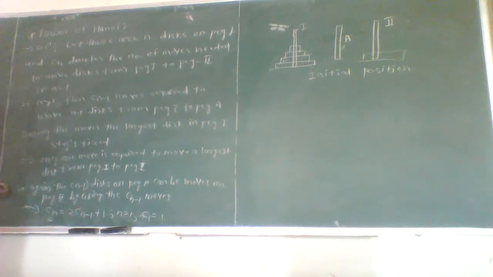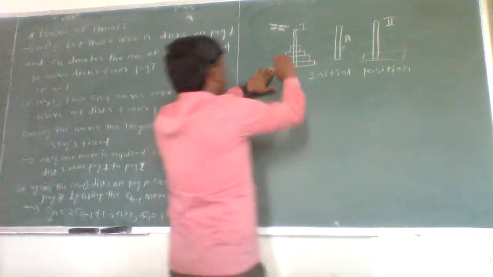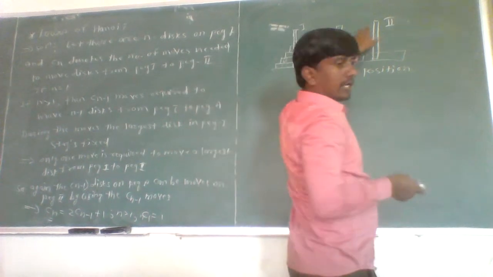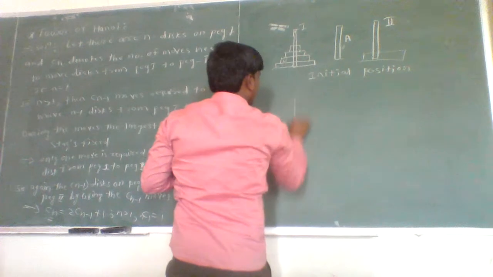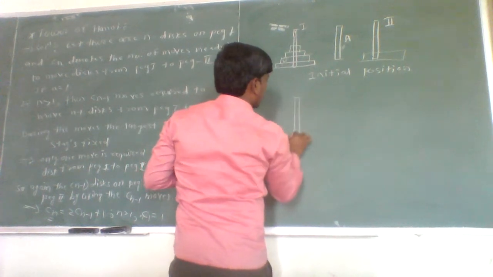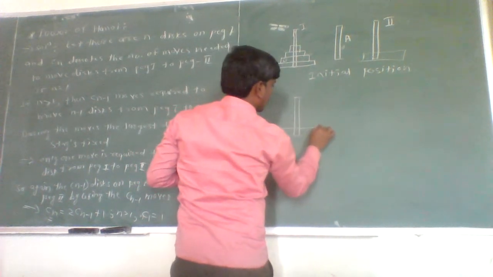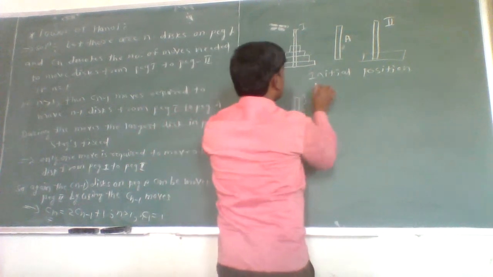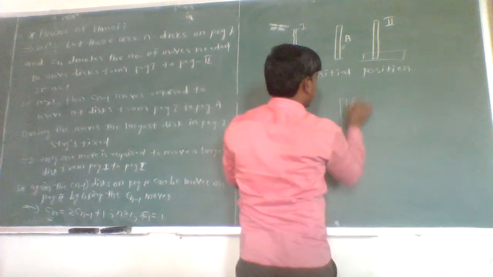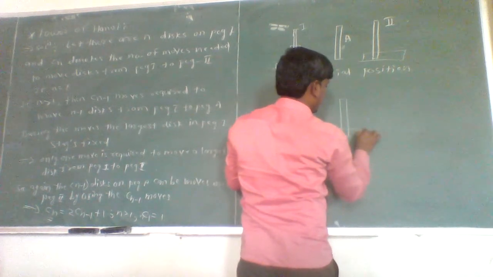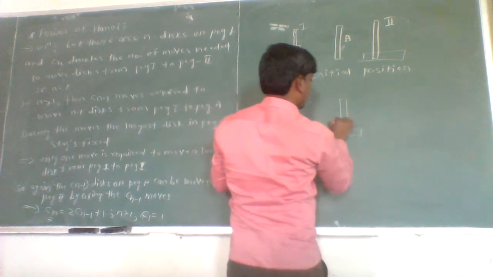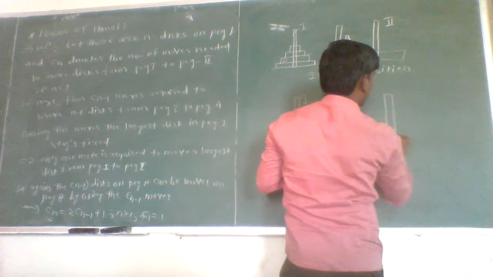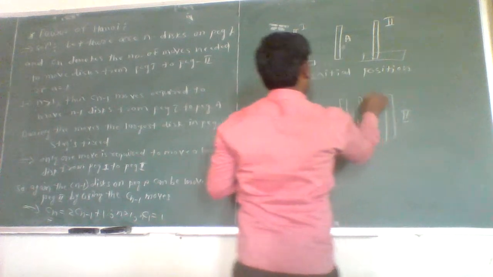Now after we move the n minus 1 discs from peg 1 to peg A, we get this position: this one is peg 1, this one is peg A, and here is the other peg.